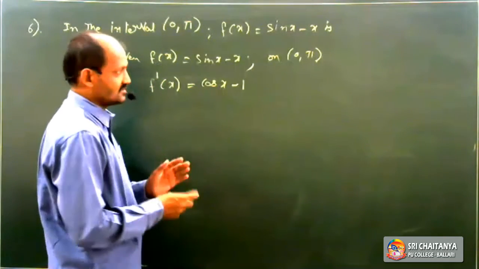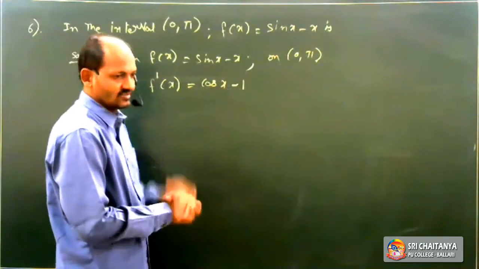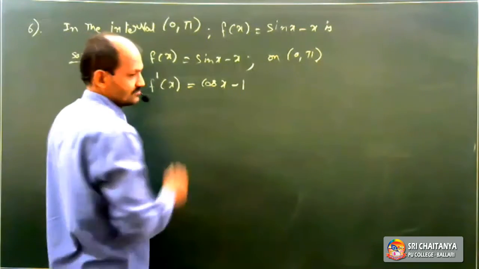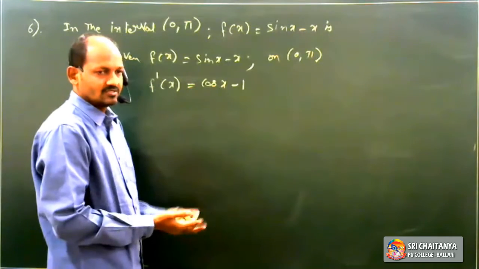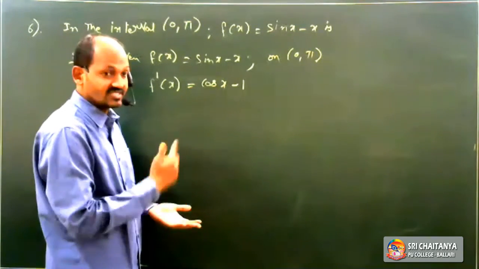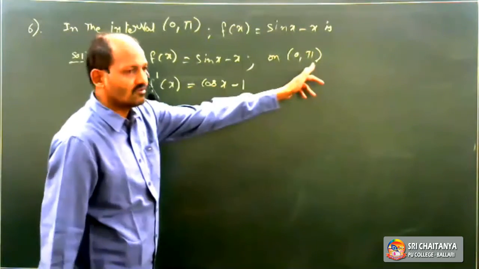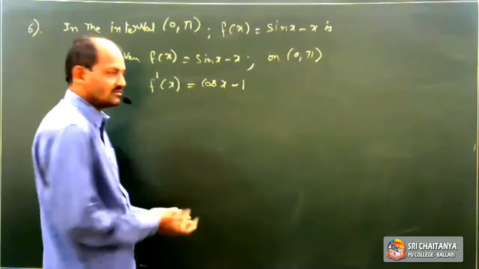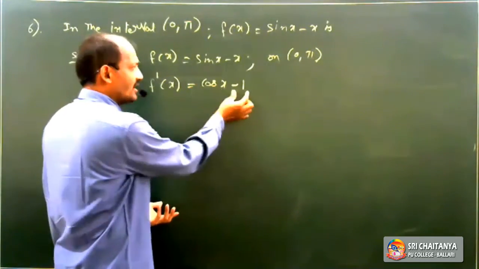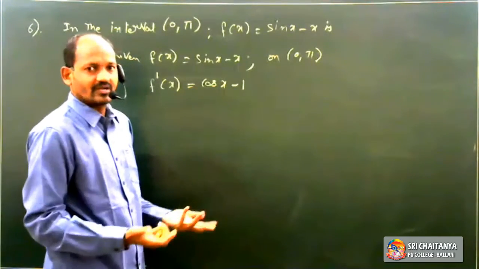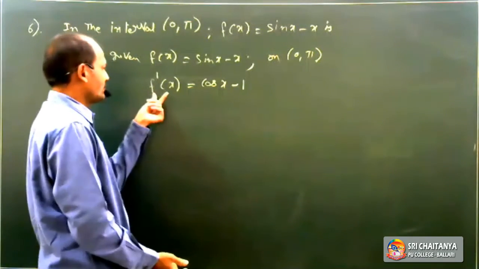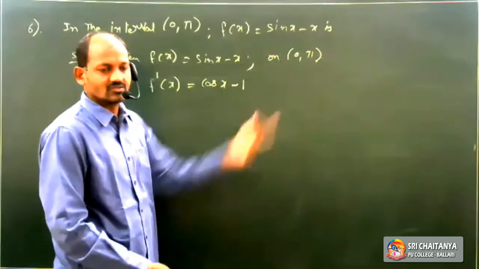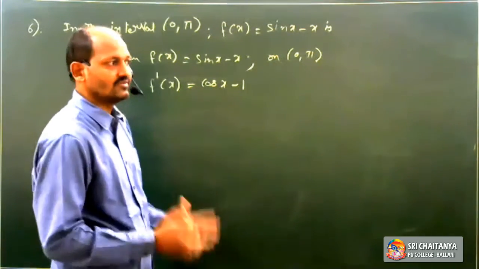Cos 90 degrees is 0, 0 minus 1 is minus 1. So in the first quadrant cos x minus 1 is also negative. In the second quadrant, 90 to 180, cos is already negative, a negative value minus 1 is again negative. In total we get negative. So the first derivative is less than 0 in this interval, so clearly it is a decreasing function.